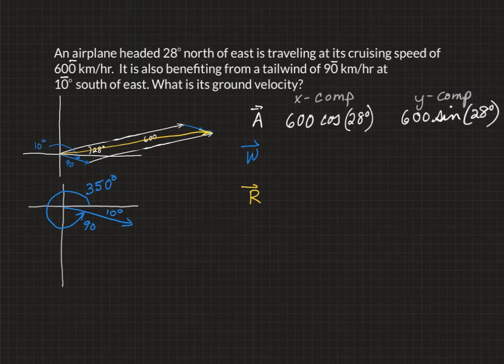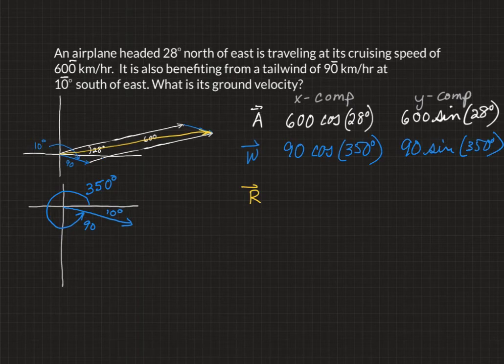It's not quite to 360, it's 10 degrees less. So 350 degrees. And then the x component of the wind will be, the magnitude of the wind was 90 kilometers per hour, and we're multiplying that by the cosine of the standard angle, which is 350 degrees. And then for the y component, it'll be 90 times the sine of 350 degrees.